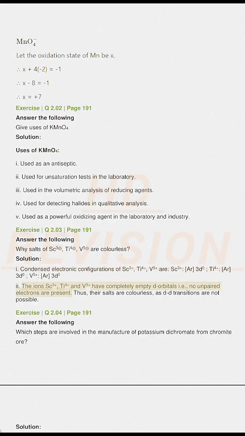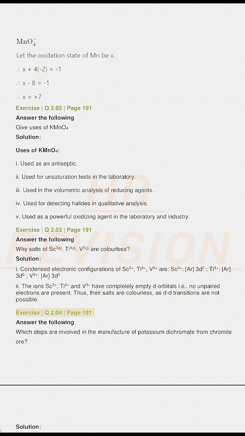The ions have completely empty d orbitals, i.e., no unpaired electrons are present. Thus, their salts are colorless, as d-d transitions are not possible.